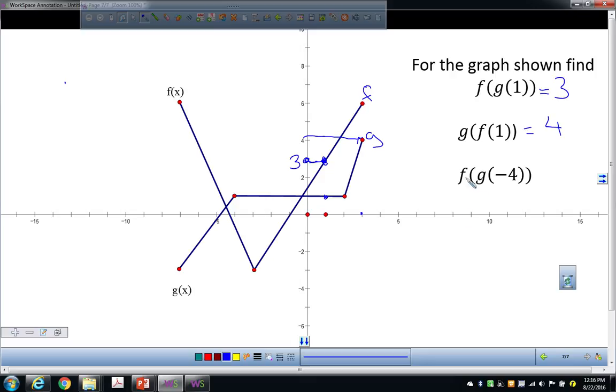How about f of g of negative 4? Who got that? 3.